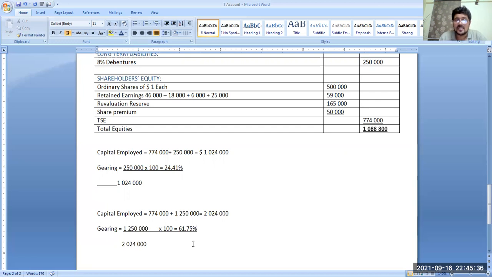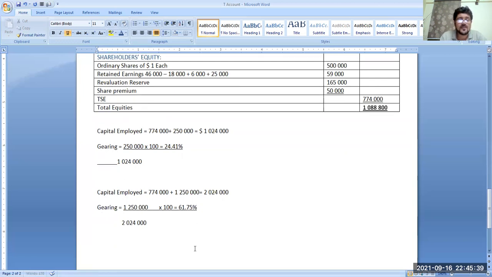Very alarming. Instead of issuing debentures, if we issue shares, what will happen? Our capital employed would be 774 plus 1 million for the shares plus your liability 250,000.